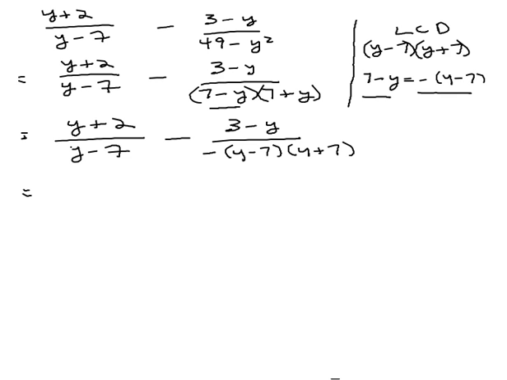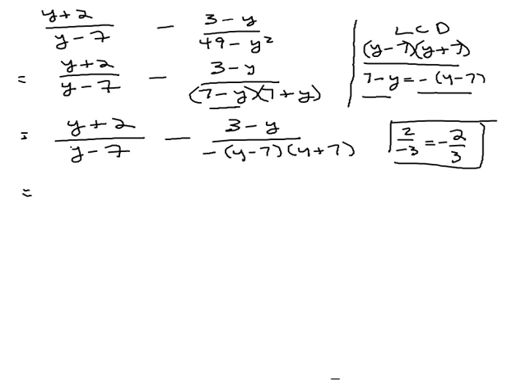Notice here, we're going to do one more thing. That negative in the denominator we don't want as part of our LCD. Look up over here to the right. This is what we think our LCD can really be, because y - 7 and y + 7 are really the only factors in the denominator. We just have to get rid of that negative sign. Like any fraction, if I have 2 over -3, I can write that out in front as -2/3.